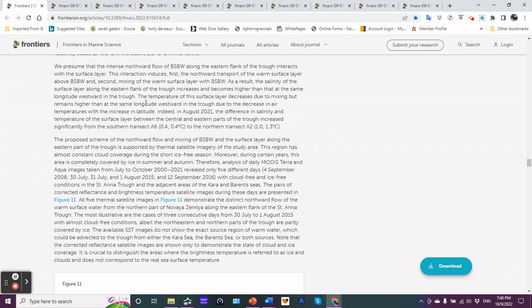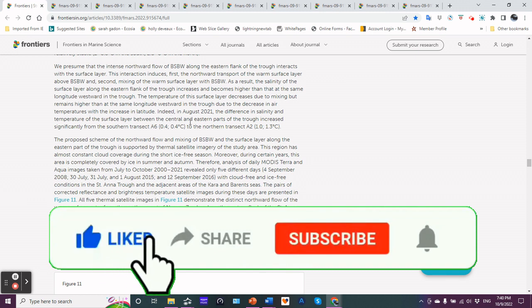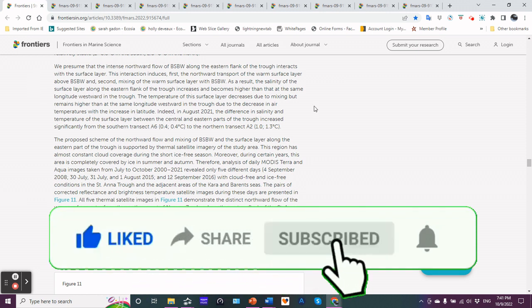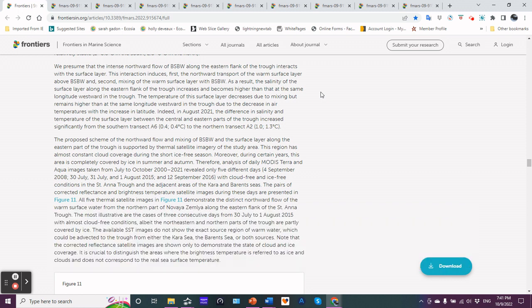And let's see. Okay, now they got some important paragraphs here. We presume that the intense northward flow of BSBW along the eastern flank of the trough interacts with the surface layer. This interaction induces first northward transport of the warm surface layer above BSBW, and second, mixing of the warm surface layer with BSBW.